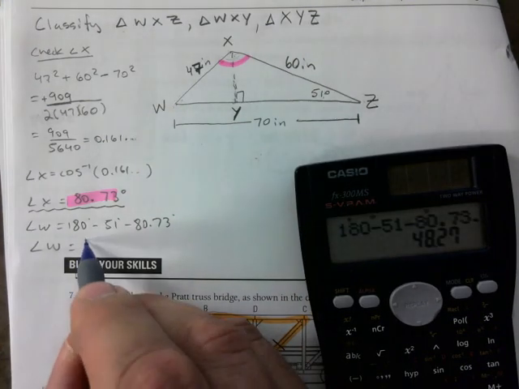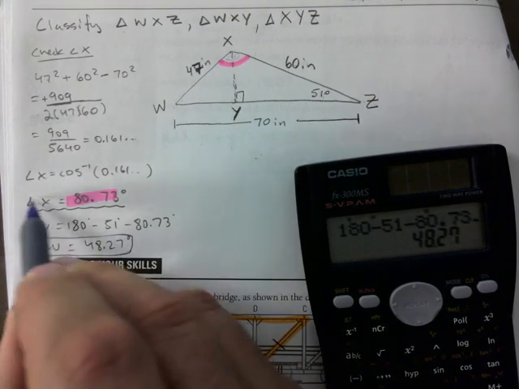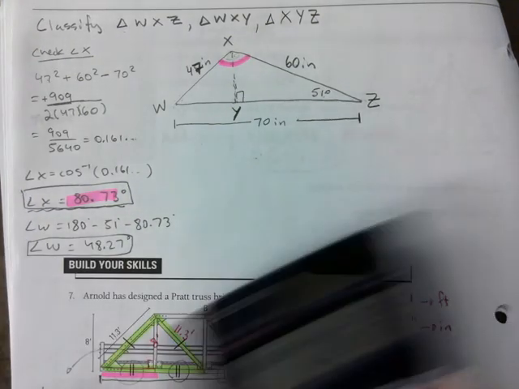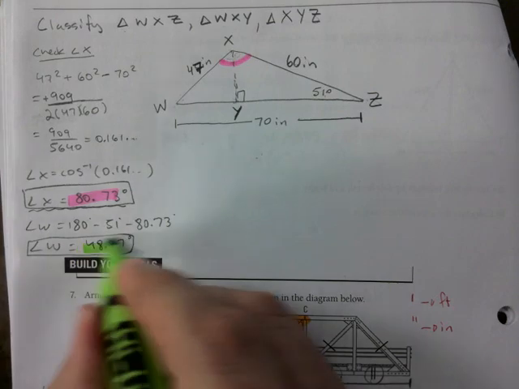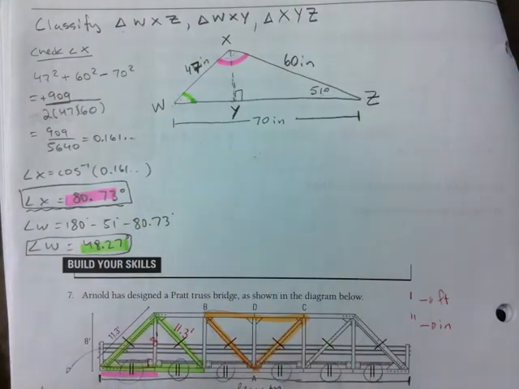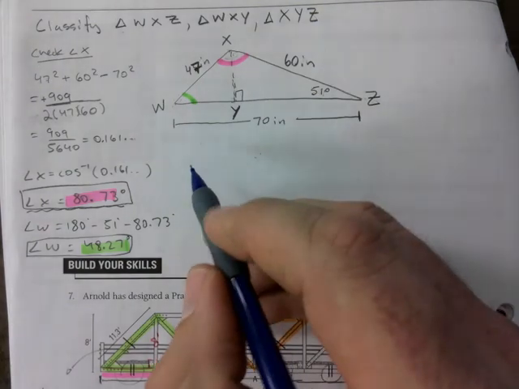That is 48.27. These are all important numbers. Okay, so W is there. Everything is where it's supposed to be. Okay, we found it. I think we're ready to classify.